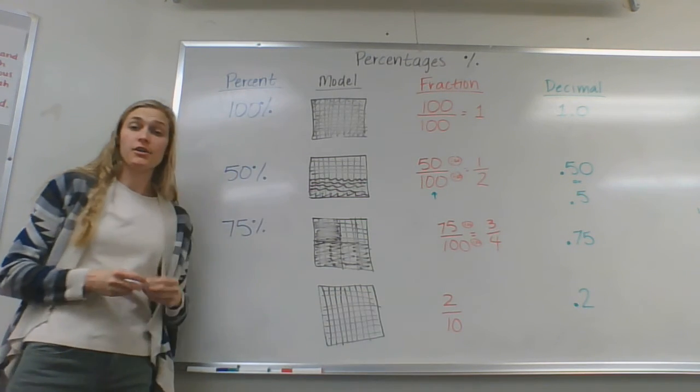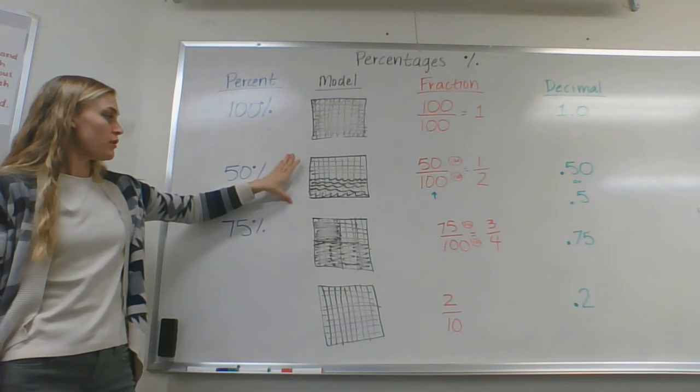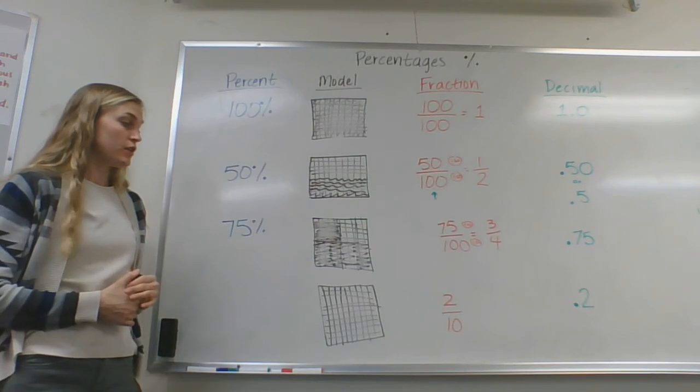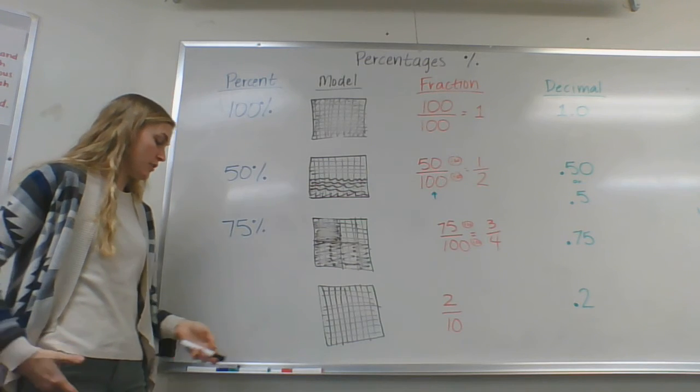Hopefully you thought of 100, right? All of these have a denominator of 100, and lets us look at this model easily, and lets us go to a percent easily. So let's make our fraction have a denominator of 100.